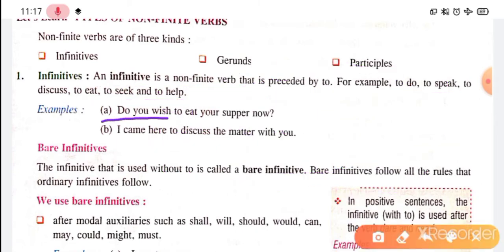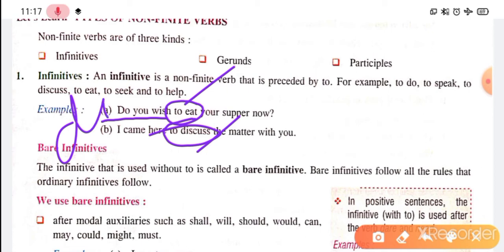Do you wish to eat your supper now? I came here to discuss the matter with you. Now you can see how they are the same here. This is the tense: do you wish, present indefinite and interrogative. Now change the tense. If you write did you wish to eat your supper now, then to eat is the same.